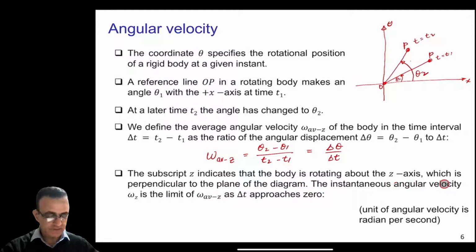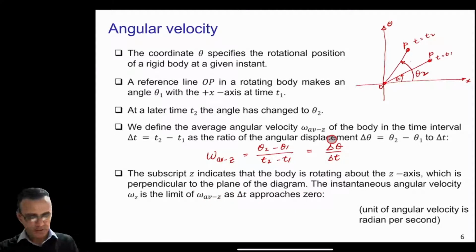This is the average angular velocity, but we are also interested in the instantaneous angular velocity, which we represent by just omega z. It is the limit of the average angular velocity as delta t approaches 0. So we write the limit as delta t approaches 0 of delta theta divided by delta t.